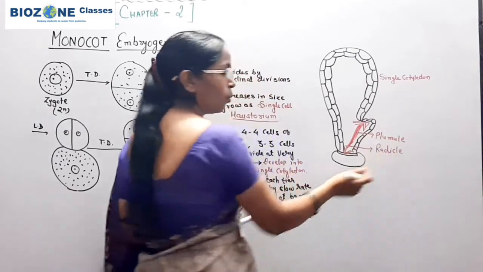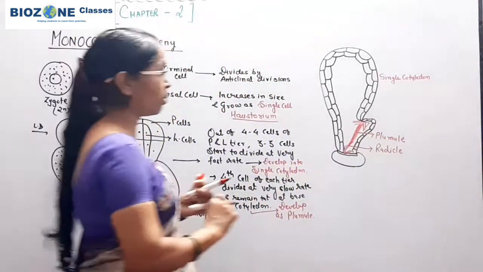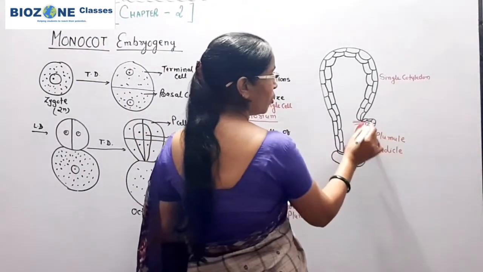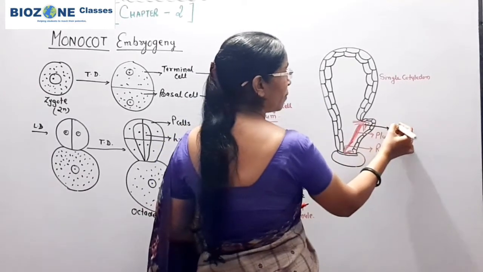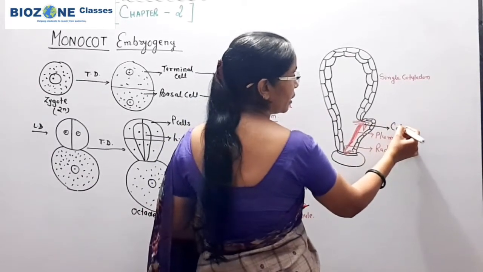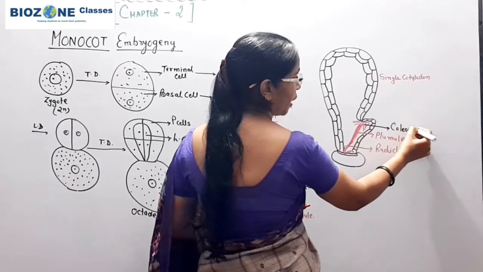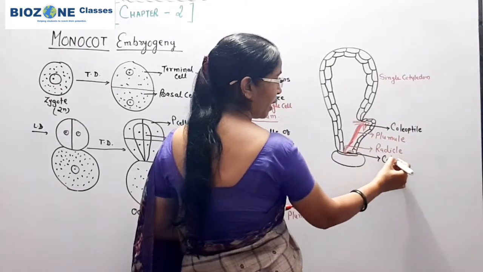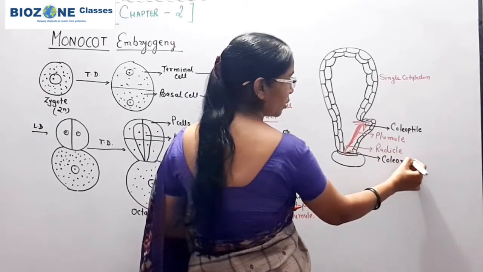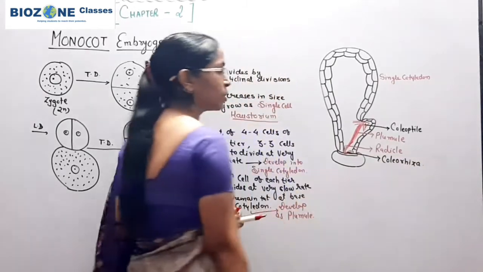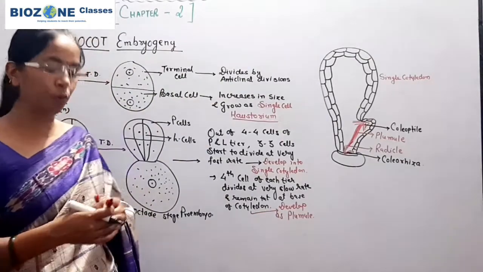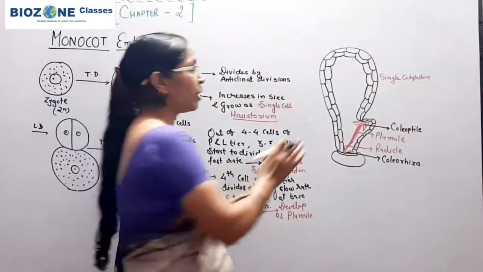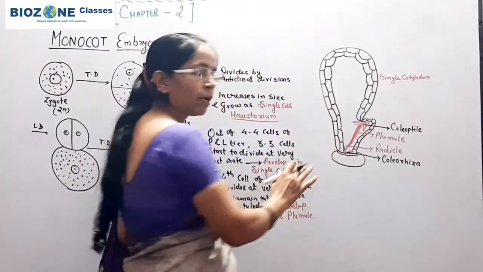As you all know this part, because this is a conceptual part. The plumule, you remember, is protected by an additional covering called the coleoptile, and the radicle is protected by the coleorhiza. So these are the two additional structures present in monocots.